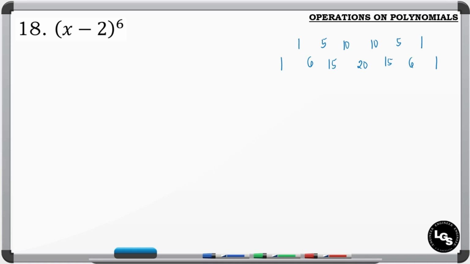This is what we are going to use now for this expansion, so I'll be writing it here: 1, 6, 15, 20, 15, 6, 1. There. Let's check our coefficients if they're correct for the given exponent of the binomial.